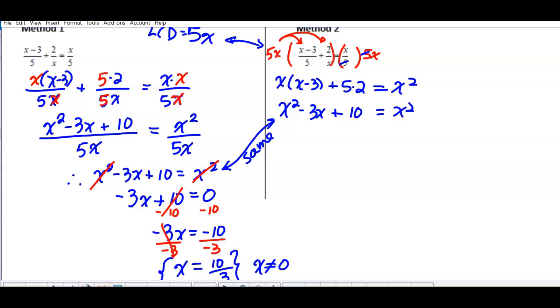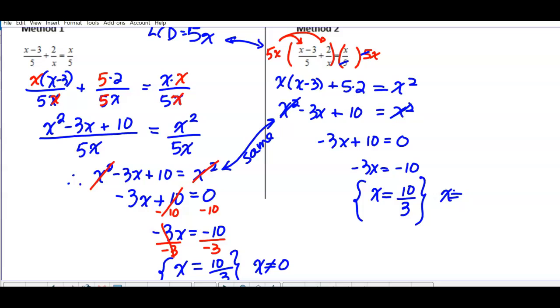So then here, when we solve this, we get exactly the same equation, right? Okay, so that's your solution, because you know that x, you go back up, you know your lowest common denominator is what you look at for your restrictions, so x can't be 0.